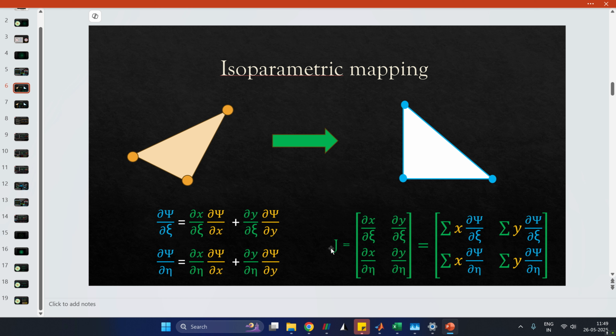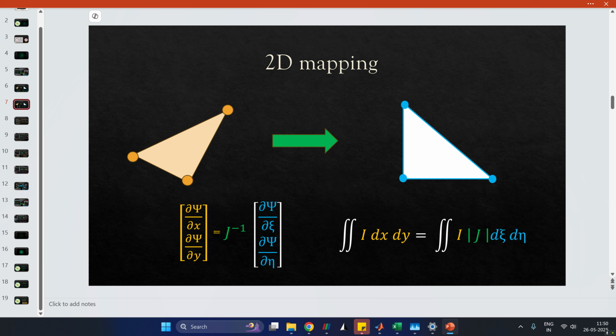And we talked about the Jacobian J, this J matrix, the Jacobian of transformation, and how we calculate it, and then we simply invert this matrix to get your derivatives in your physical element. We also talked about how to do the mesh quality analysis by using the Jacobian of transformation, and how it scales the area.